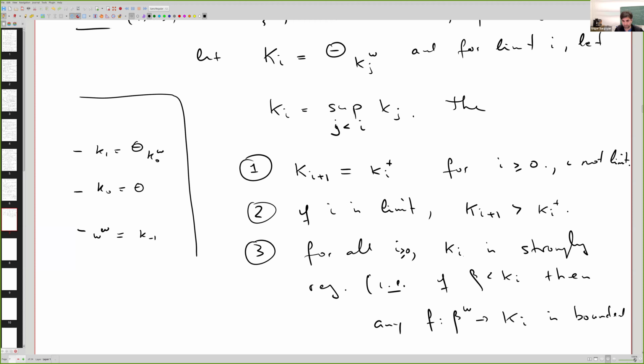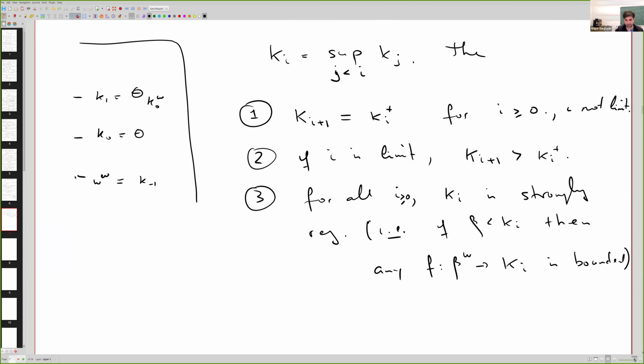Of course this is false for limits, I should be more careful about this. For I equals 0 or I a successor, kappa I is strongly regular.